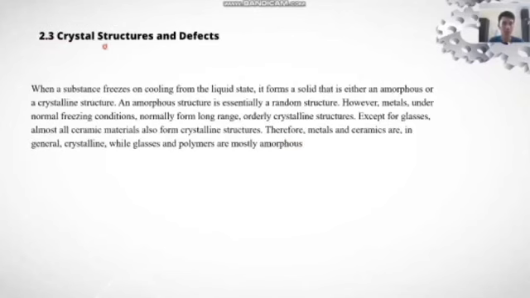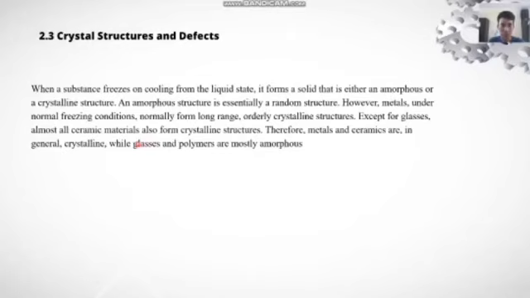2.3 Crystal structures and defects. A substance freezes on cooling from the liquid state. It forms a solid that is either an amorphous or a crystalline structure. An amorphous structure is essentially a random structure.